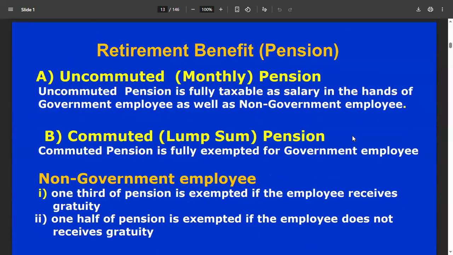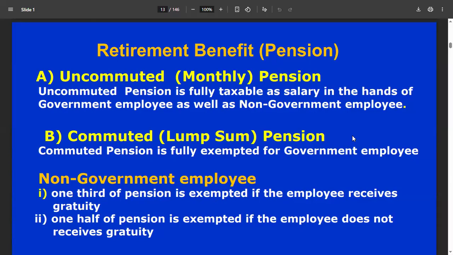The pension which I collect in lump sum is called committed pension, and pension I receive monthly is called uncommitted pension. The uncommitted pension is again considered as source of income. So when I receive income, it is considered to be as regular income, and so it is fully taxable like regular salary.